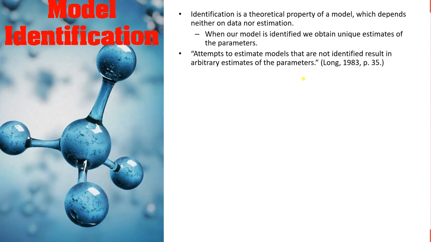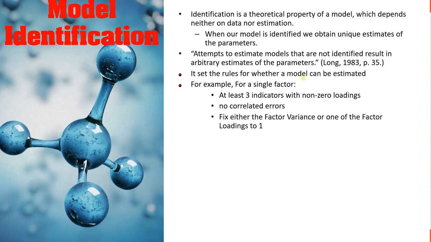Those parameter estimates will be unique. And model identification is done by setting rules. So basically it is a set of rules for whether a model can be estimated or not.